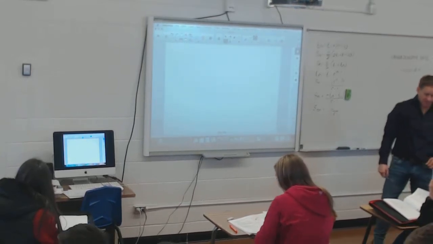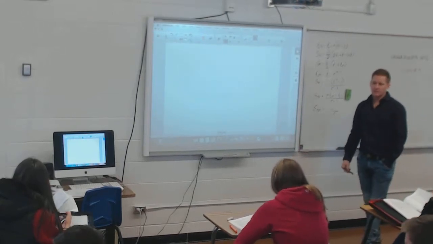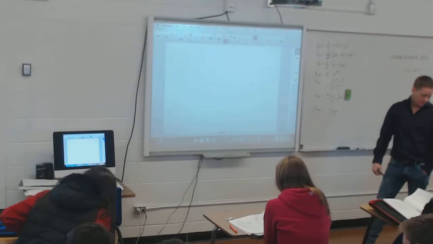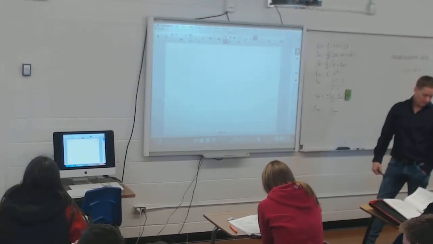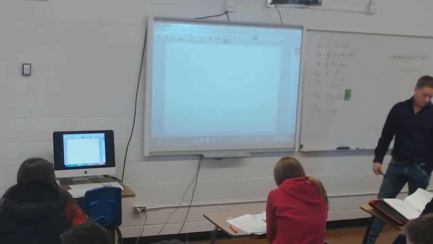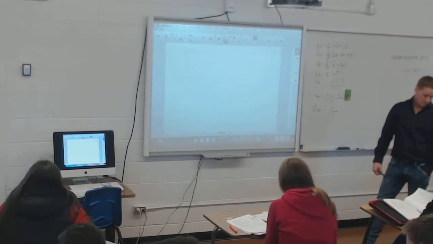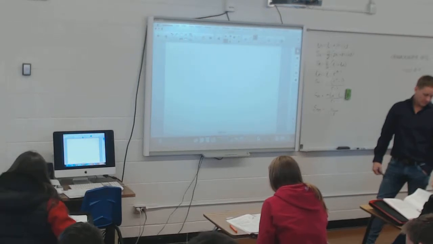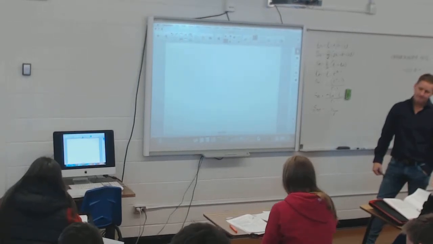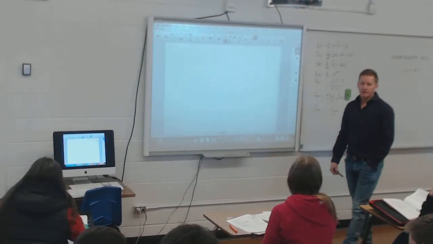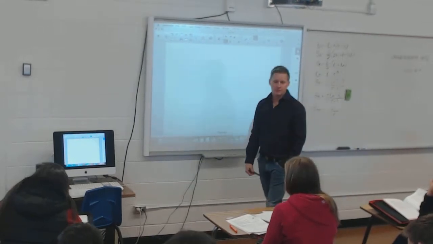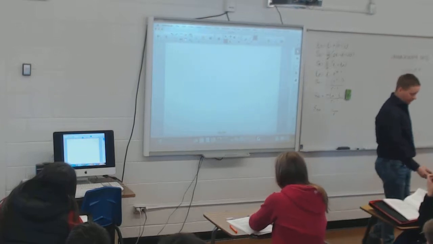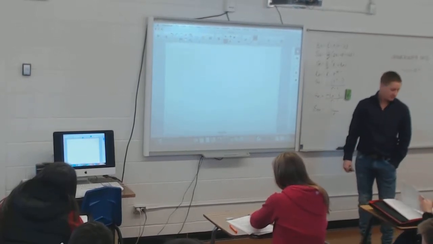Okay, so let's find our displacement for 8 seconds. What's our displacement for 8 seconds? Negative 80. That's not displacement. Displacement's the area underneath the graph. So let's look for the first 2 seconds.